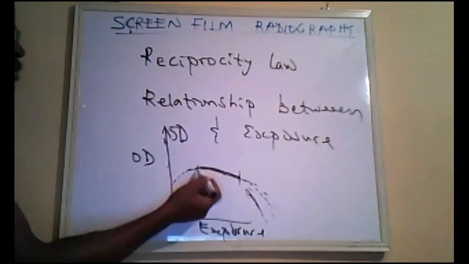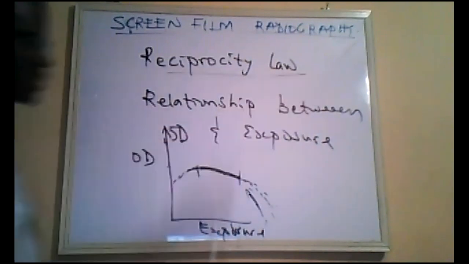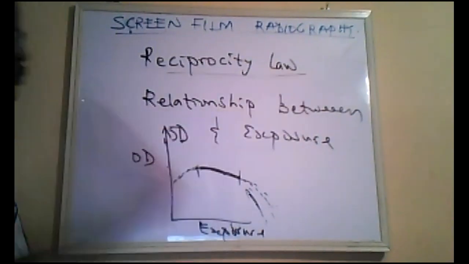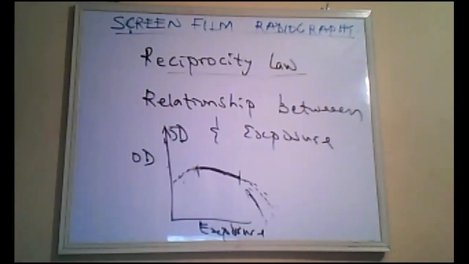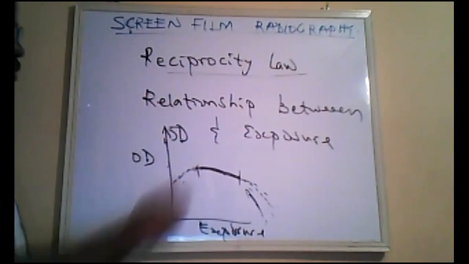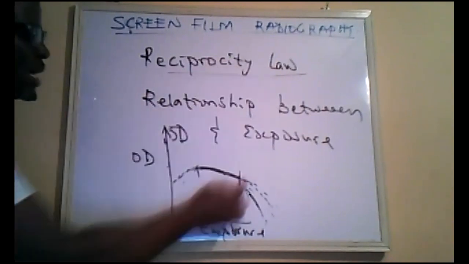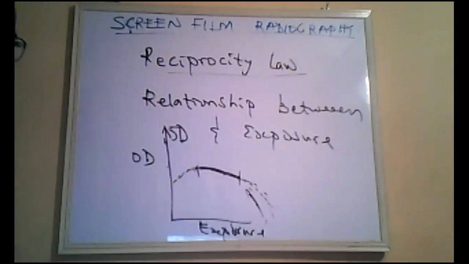Also, in this low exposure area, you might have a departure from this reciprocity law in the low exposure range of that particular technique. And in this high exposure area, you're also going to have a departure from this law.